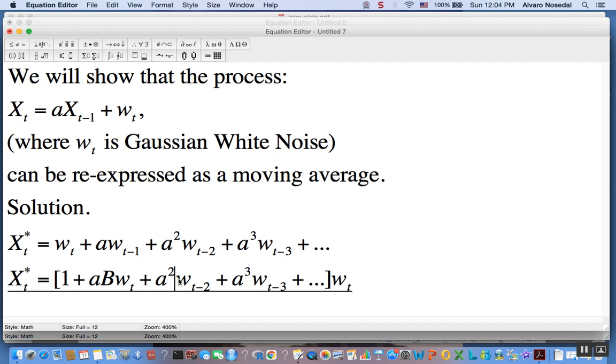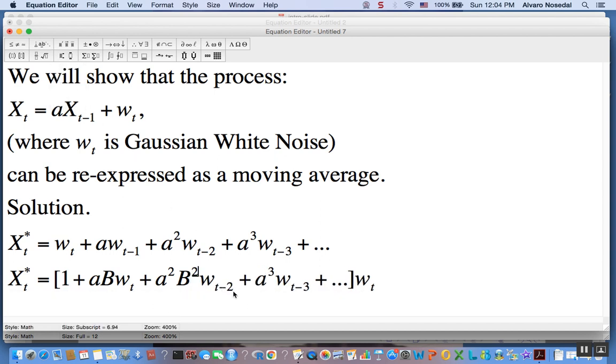Instead of having Wt minus 2, we're going to have the backward shift operator applied twice to the white noise series. Same goes for the next term, right?